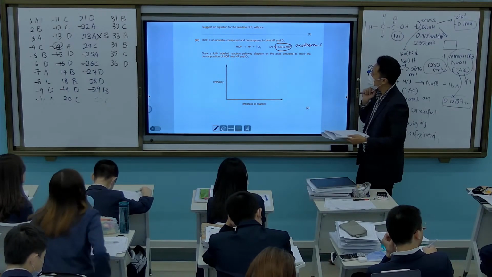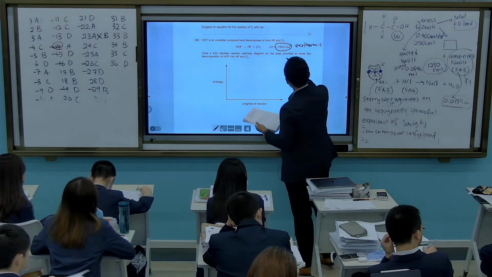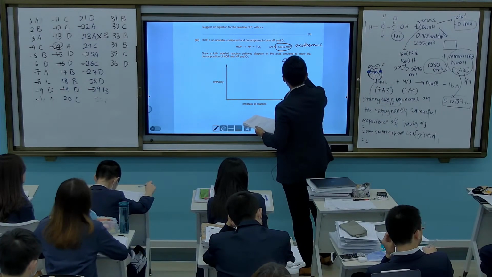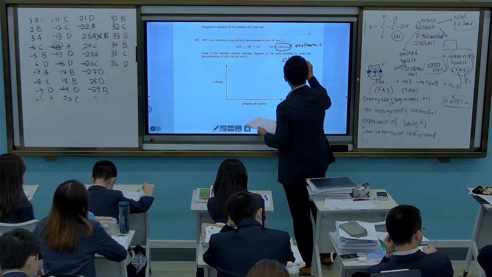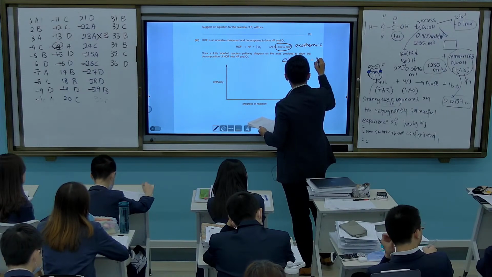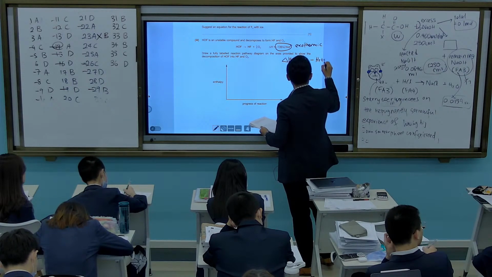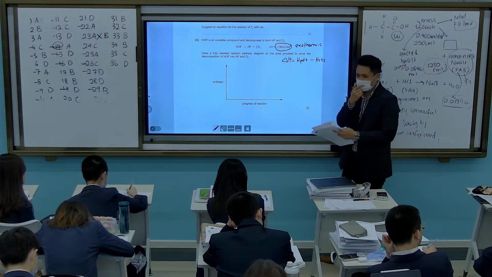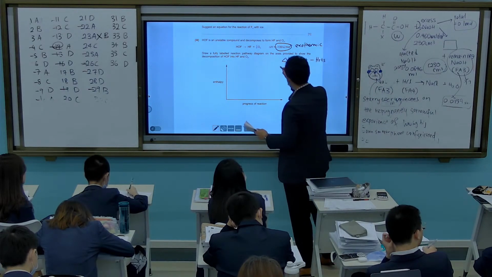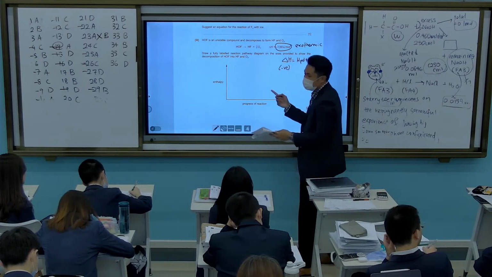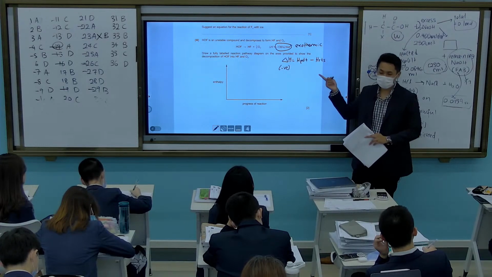So you need to draw what? Remember, the enthalpy change ΔH is just the energy of the products minus the energy of the reactants. If your ΔH is negative, who has the higher energy? Is it products or reactants?